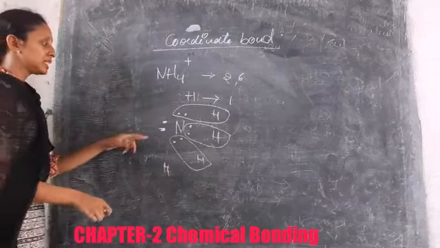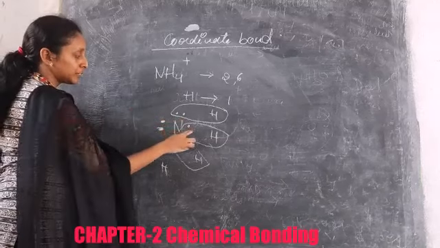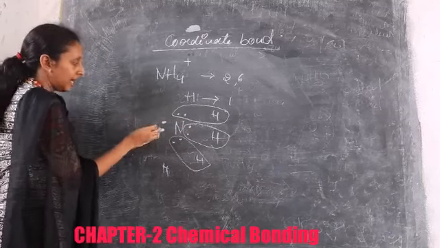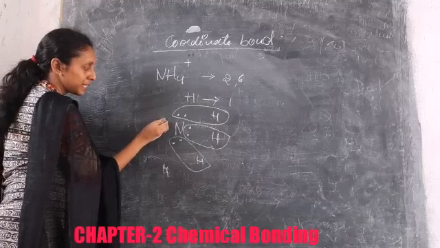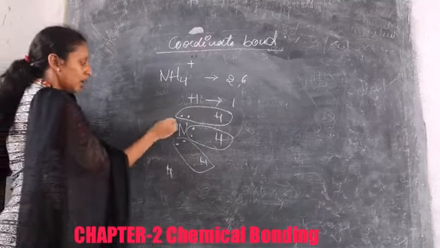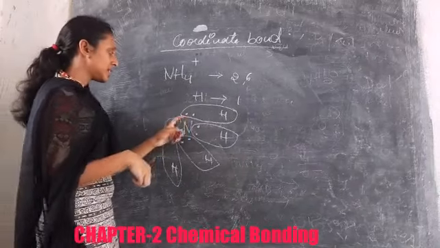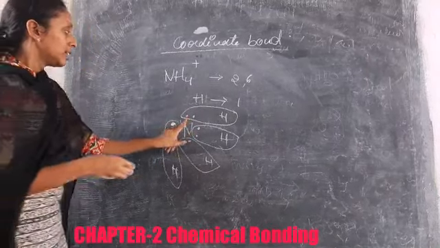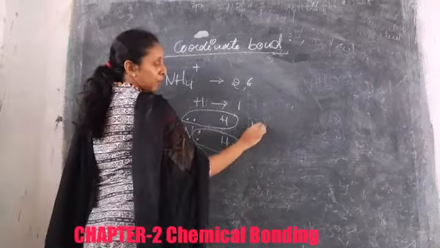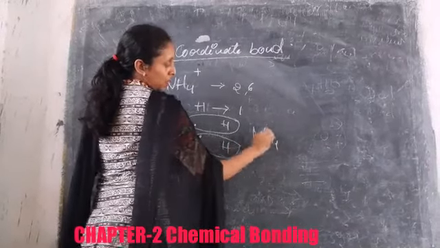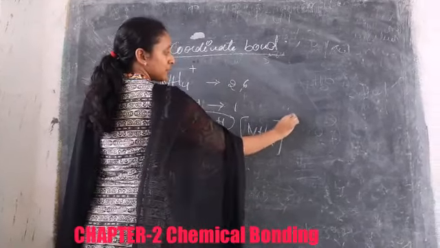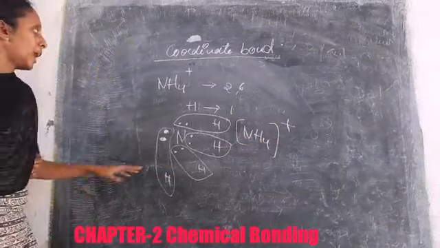So what happens is 1, 2, 3, 4, 5, 6, 7, 8. Right? So the one which is having lone pair of electrons will contribute to the another hydrogen. Then what happens is, since all are bonded, this nitrogen will gain a positive charge. So it is written as NH4 plus. Understood?